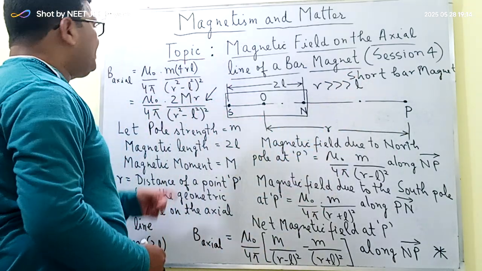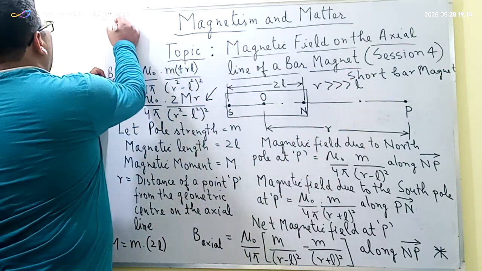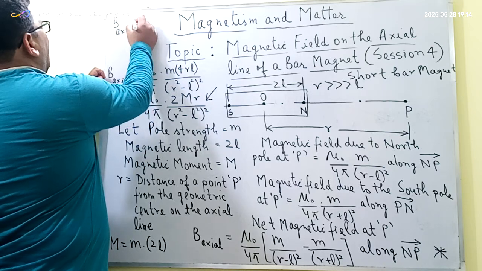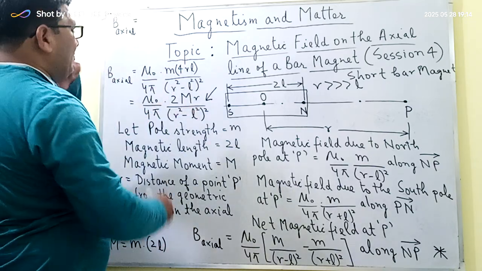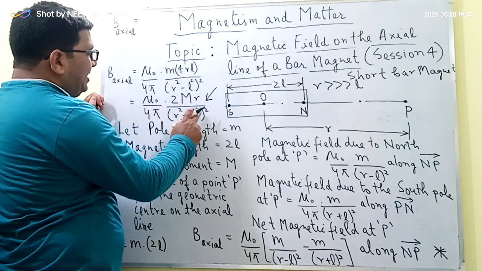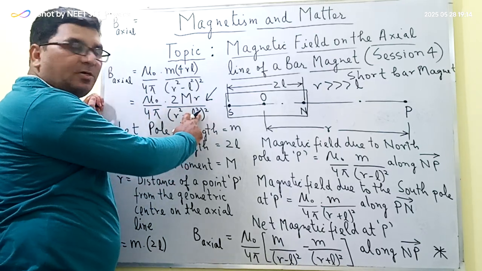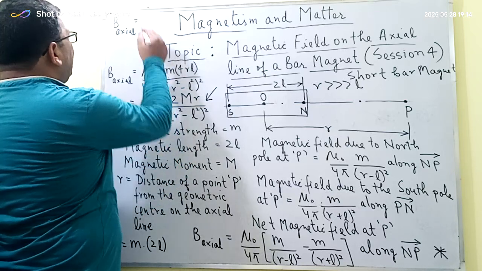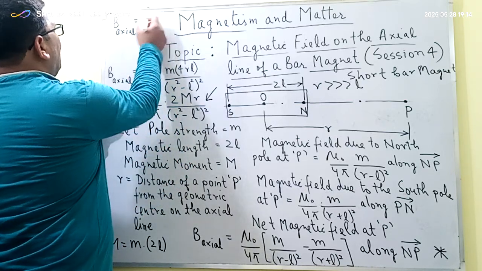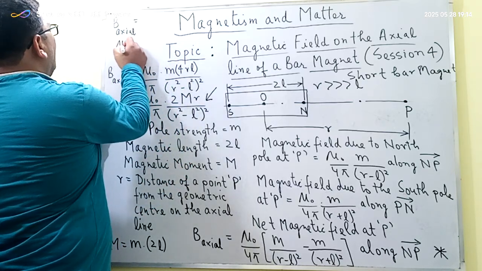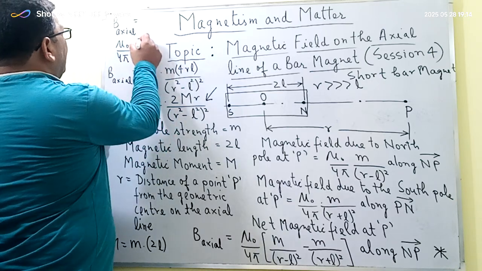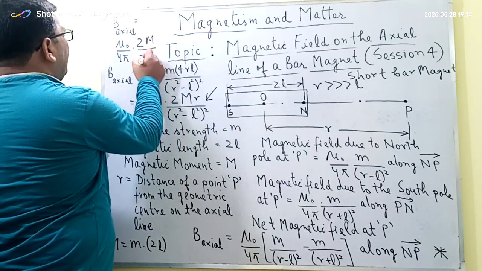So in that case, the magnitude of the magnetic field on the axial line of the bar magnet will be equal to mu naught upon 4 pi. Here l can be neglected because l is very small in comparison to r. So in that case, this formula will be equal to mu naught upon 4 pi multiplied by 2M upon r cube.